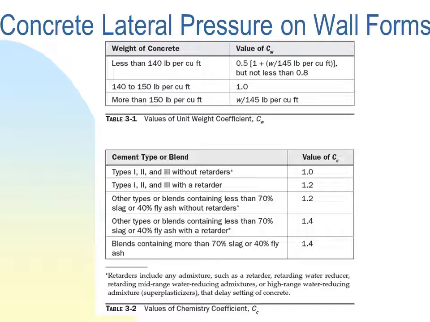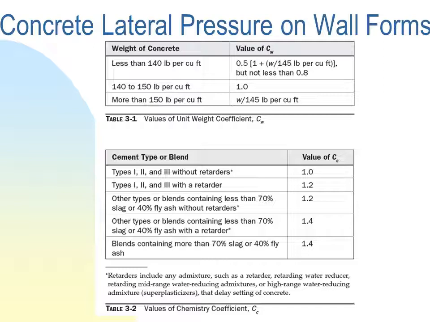If you use mineral admixtures with certain percentages, the ones shown here, you will use a factor of 1.2. However, if you use both chemical and mineral admixtures, then the factor jumps up to 1.4.